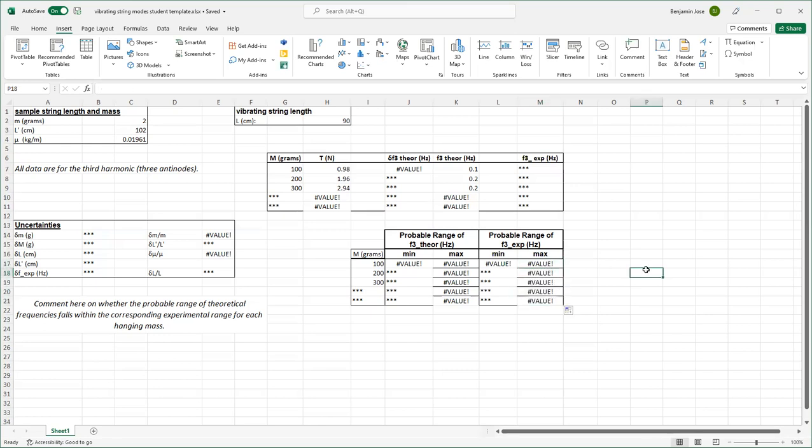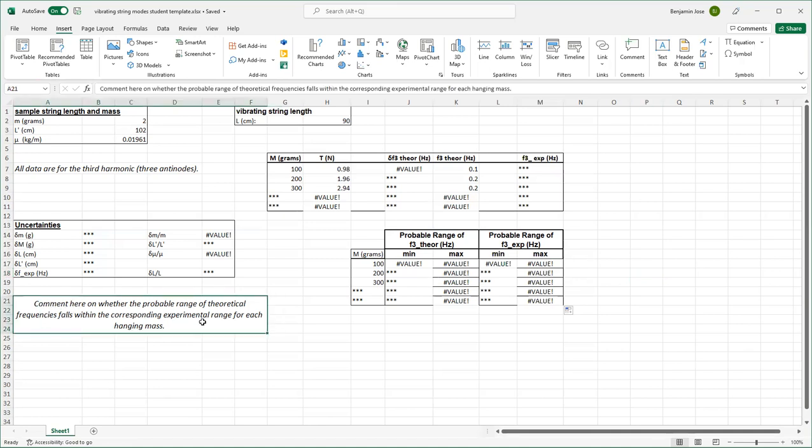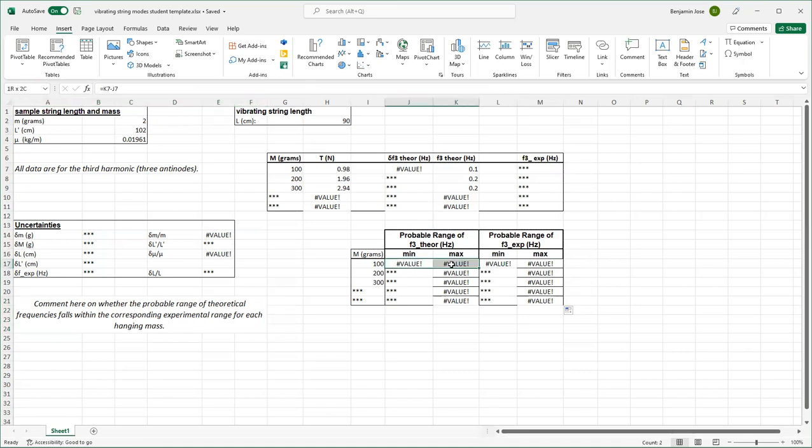Okay, and I'm not even asking for a whole lot of concluding remarks here. Just give me a couple sentences about how well this range, for instance, matches up with this range. And the ideal outcome would be that this range is, number one, narrower than this range, and number two, that it would lie completely within this range.